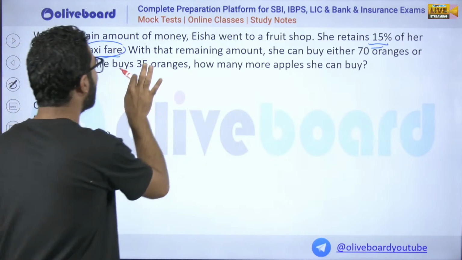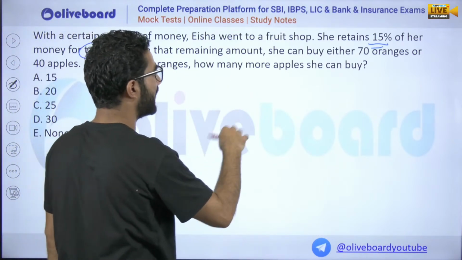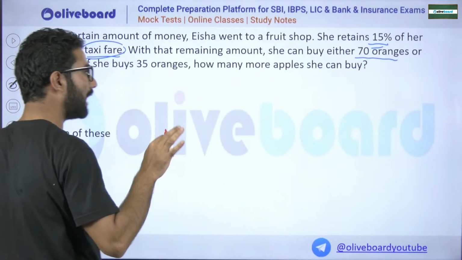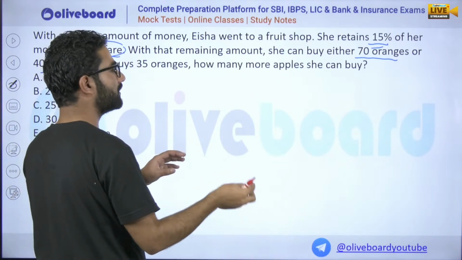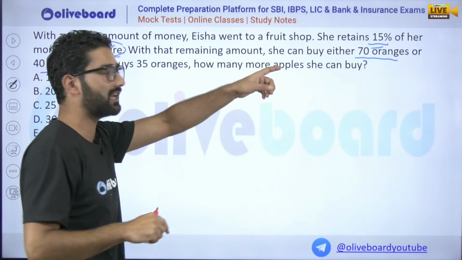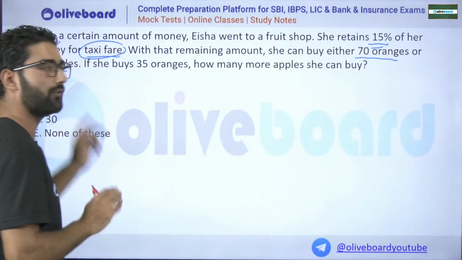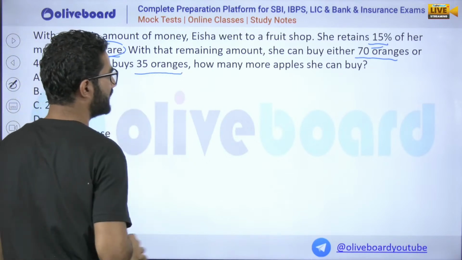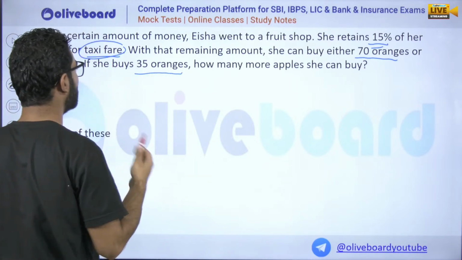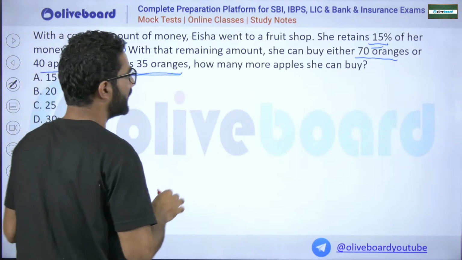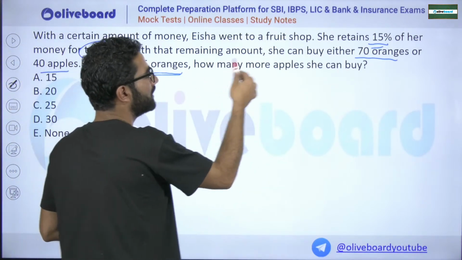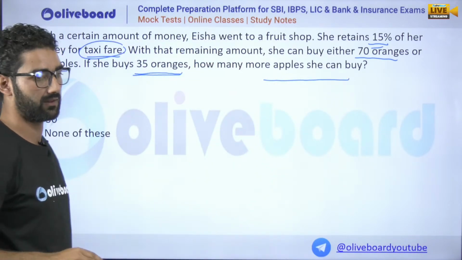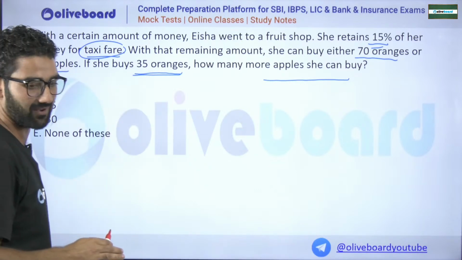With the remaining amount of money, she can buy either 70 oranges or 40 apples, not both. If she buys 35 oranges, how many more apples can she buy with the remaining part? Don't include the 15%, it is reserved for taxi fare.